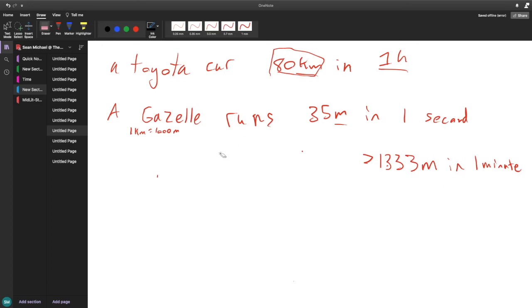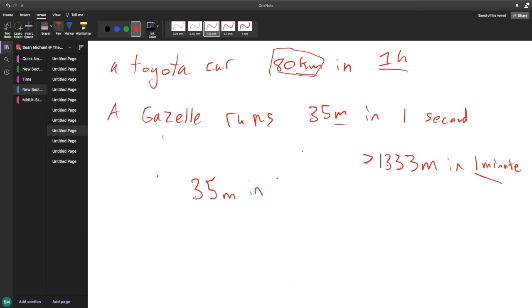Right, so this is for the car. So now we want to figure out the gazelle. Well, the gazelle's running 35 meters in a second. So with 35 meters in a second, we want to get that second into minutes, right? Because we're doing it in 1 minute.